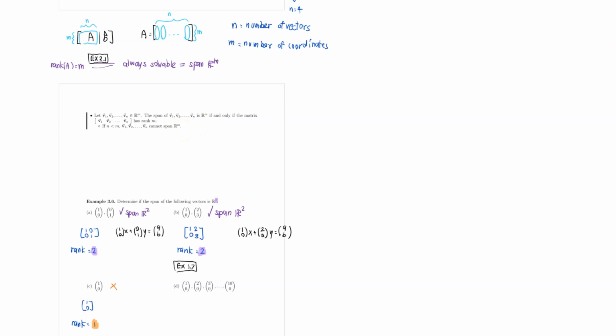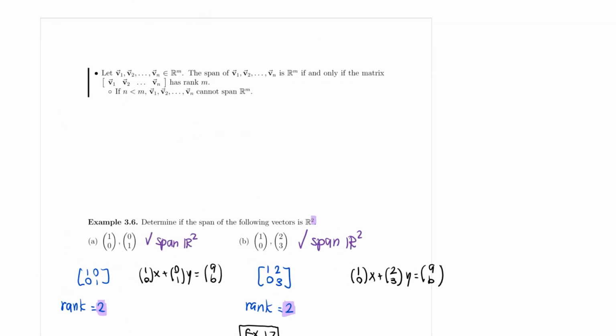Another explanation is that we have seen in example 1.8 that the rank of the matrix has to be less than or equal to the value n. So, if n is less than m, the rank of the matrix has to be less than or equal to n, but n is less than m.